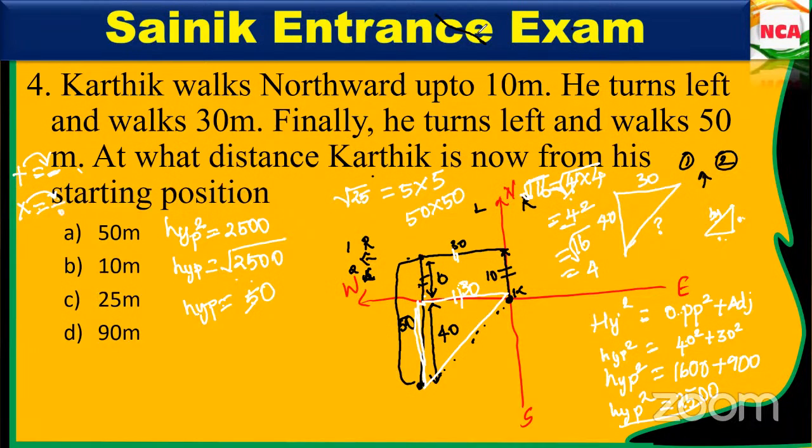Yes or no? Based on that, if a square is there and it moves to the other side, it will become a square root. And if a square root is there, you make it a square.